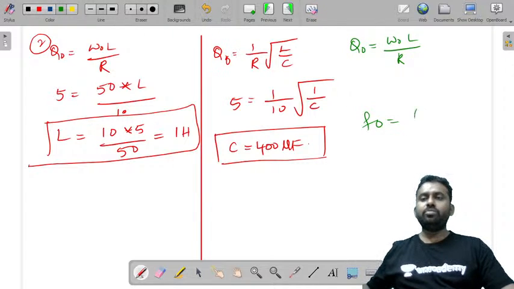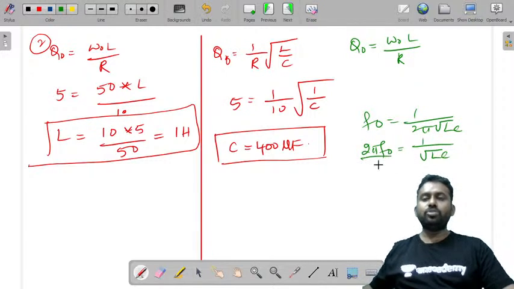F naught is equal to 1 by 2 pi root LC. If you take 2 pi here, 2 pi F naught is equal to 1 by root LC. What is 2 pi F naught? Omega naught. Therefore, omega naught is equal to 1 by root LC.